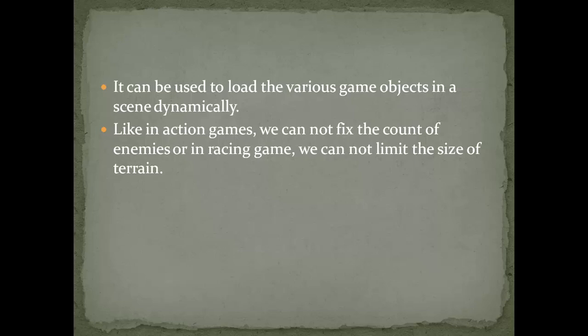Whenever we run the game, it will take a huge amount of time and a huge amount of processor power to load the game. So in order to avoid these things, we use instantiation to create the various game objects or the environment in a scene at runtime.